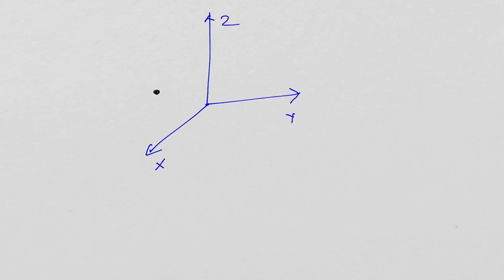Let me move further. Consider a point charge located in a Cartesian coordinate system like this, x, y and z. I just take a point charge Q1 like this, which is located at coordinates x1, y1, z1, and the other point charge Q2, located at coordinates x, y, z.